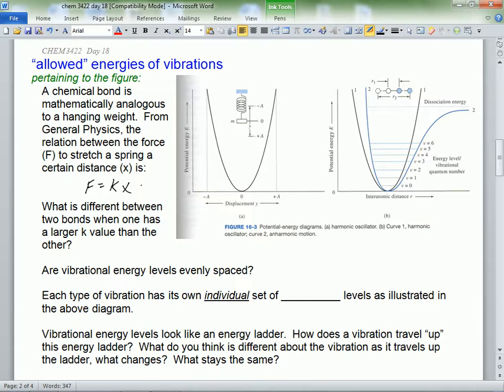So more force, more distance, and k is just the constant. If I replace this with a really stiff spring, that means I'd have to use a whole lot of force to stretch it just a little bit, right? So that means my k would be really, really big. That's a really stiff spring.